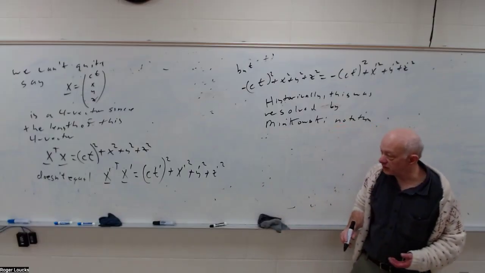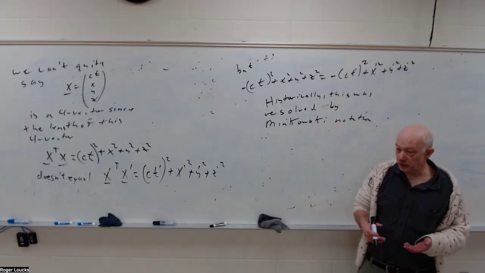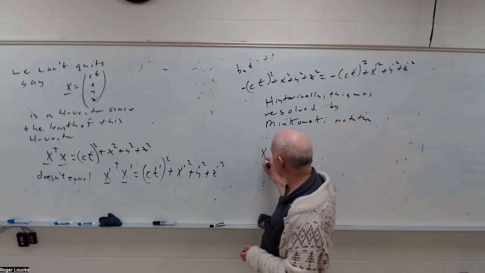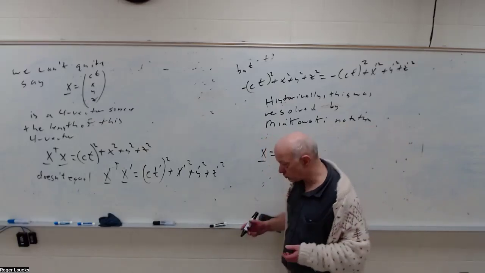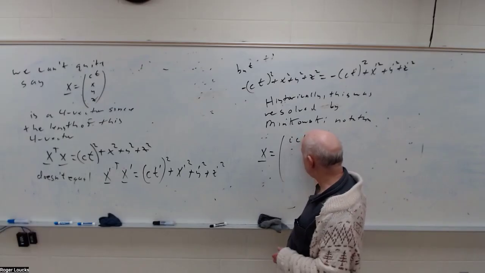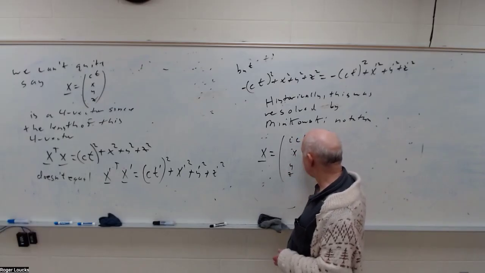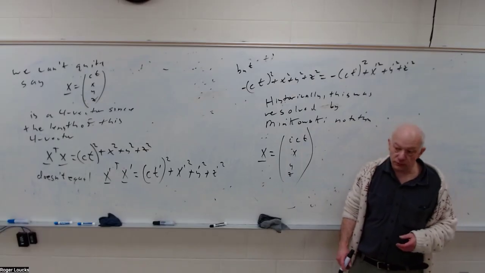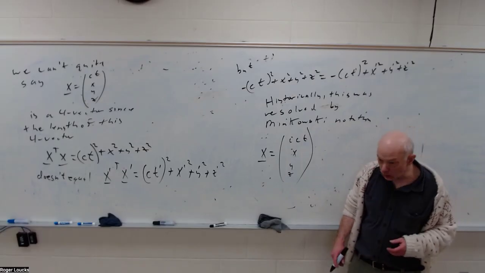What do we say Minkowski notation is? You just put an i with the ct. So our 4 vector, the Minkowski version of this, is ict, x, y, z. Again, no one would do this in a general relativity course, or even special relativity. This is not taught at all.